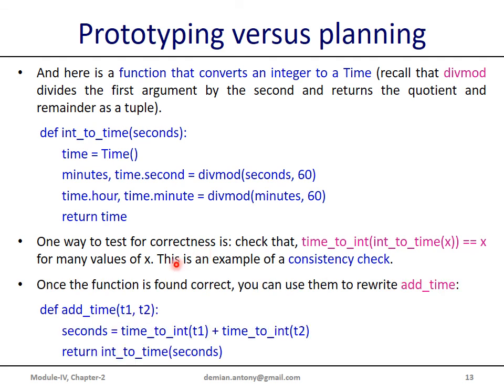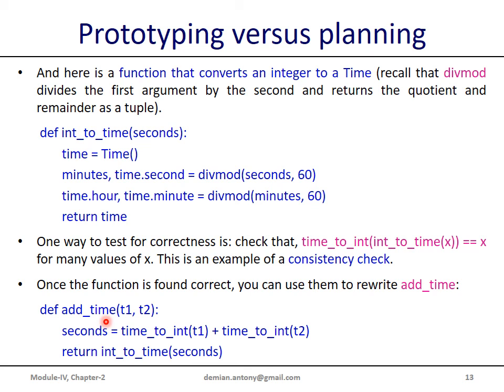Once this function is found correct, you can use it to rewrite add_time with fewer lines of code. Now we have a new function add_time with the design development approach, where we analyze the problem of adding.